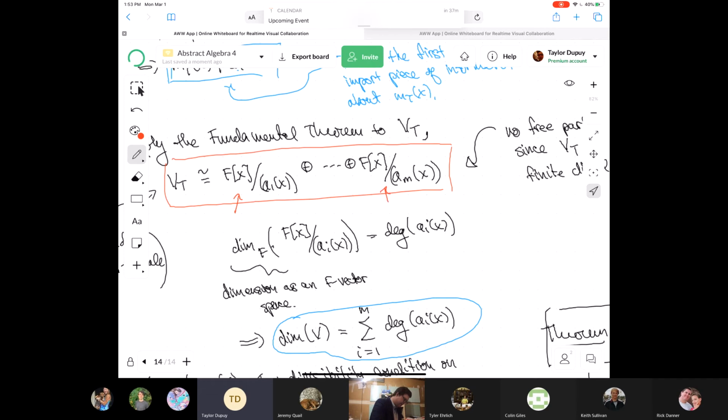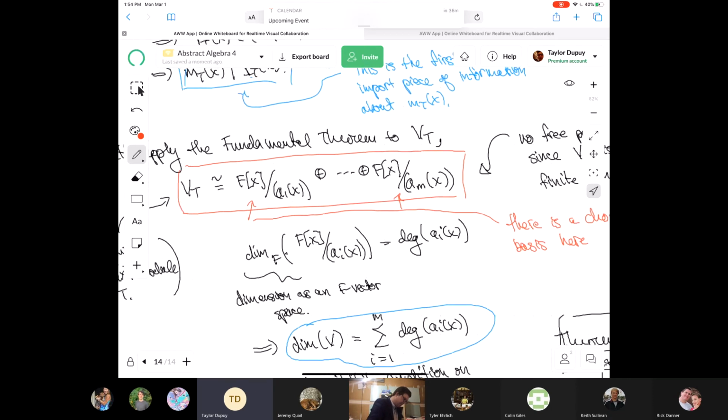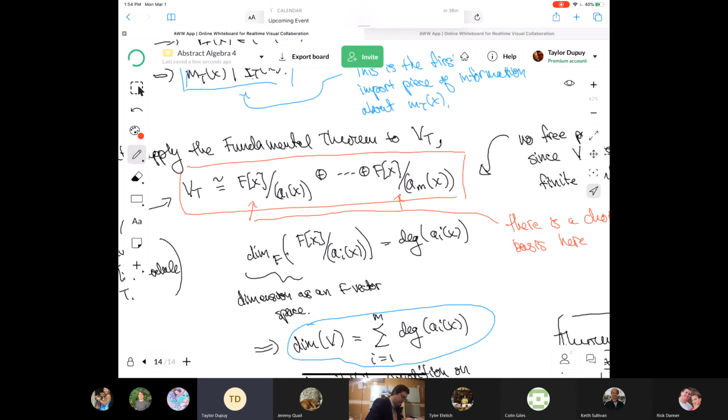This is a subspace. So there is a choice of basis, so that on each of the subspaces, T acts by multiplication by x bar.